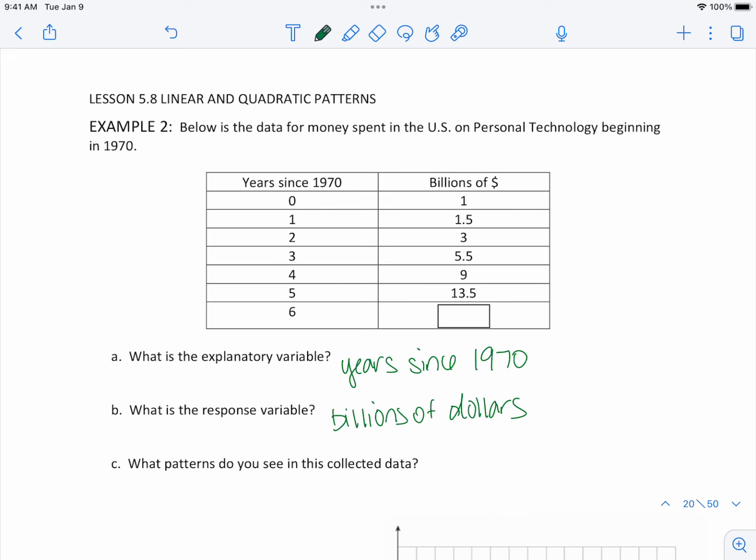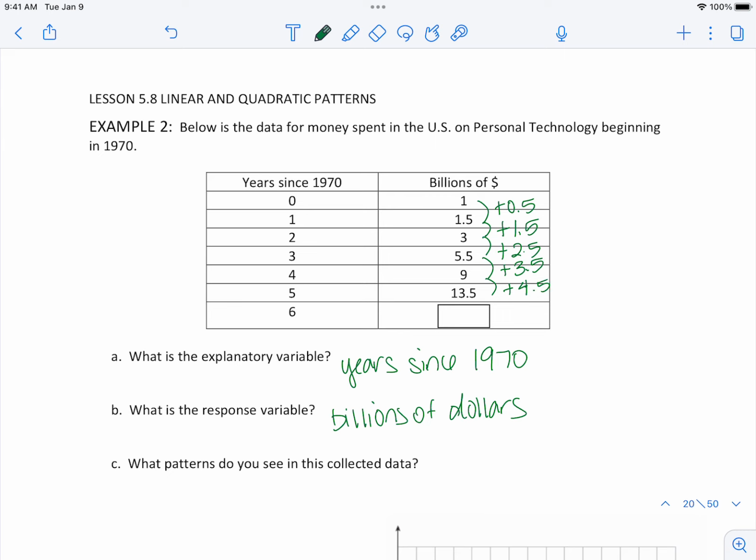What pattern do you see in the collected data? All right, so let's check. From 1 to 1.5, that's an increase of 0.5. From 1.5 to 3, that's an increase of 1.5. 3 to 5.5 is an increase of 2.5. 5.5 to 9 is an increase of 3.5. 9 to 13.5 is an increase of 4.5.